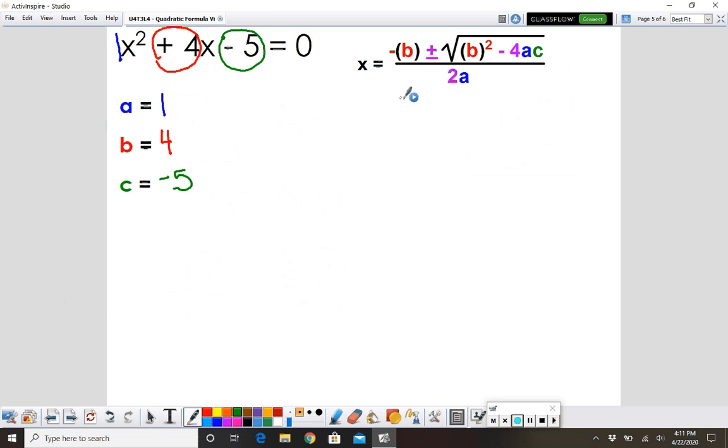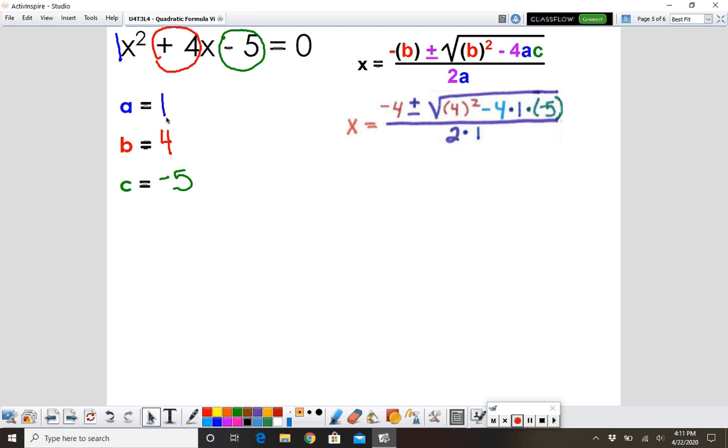So now always write your formula, and we're going to plug it in. So negative b is going to be negative 4 plus or minus the square root of b squared. My b value is 4 squared minus 4 times a, which is 1, times c, which is negative 5. And all of this is over 2 times a.